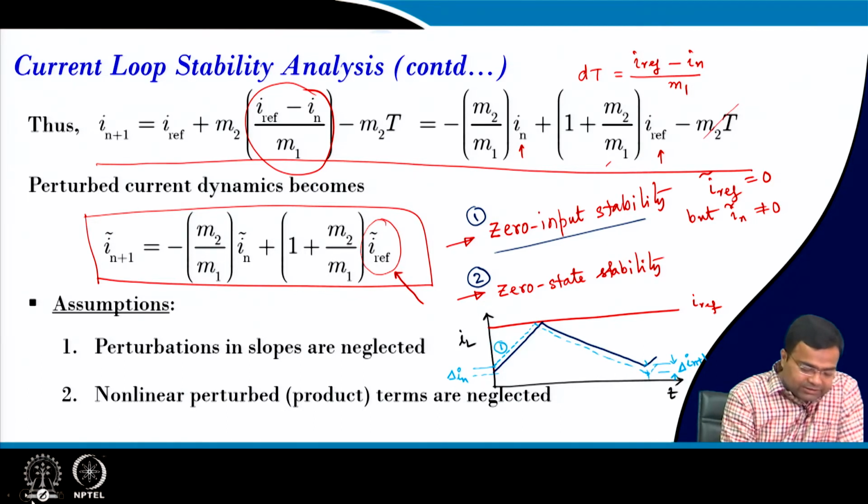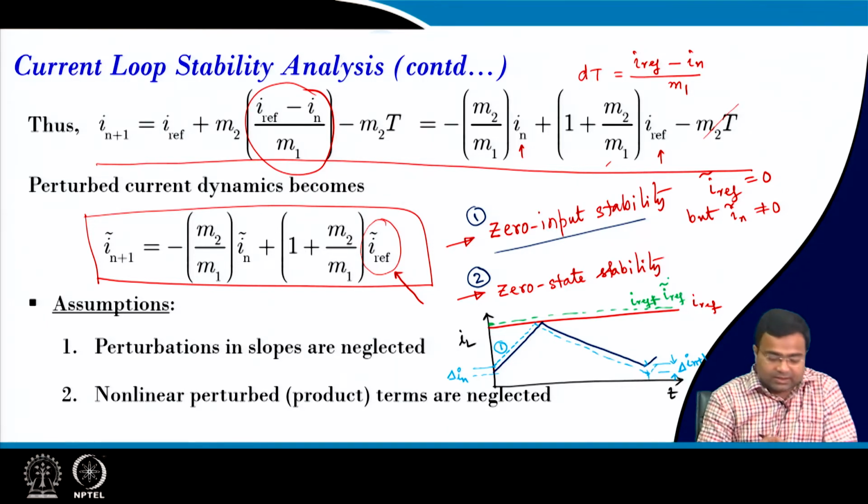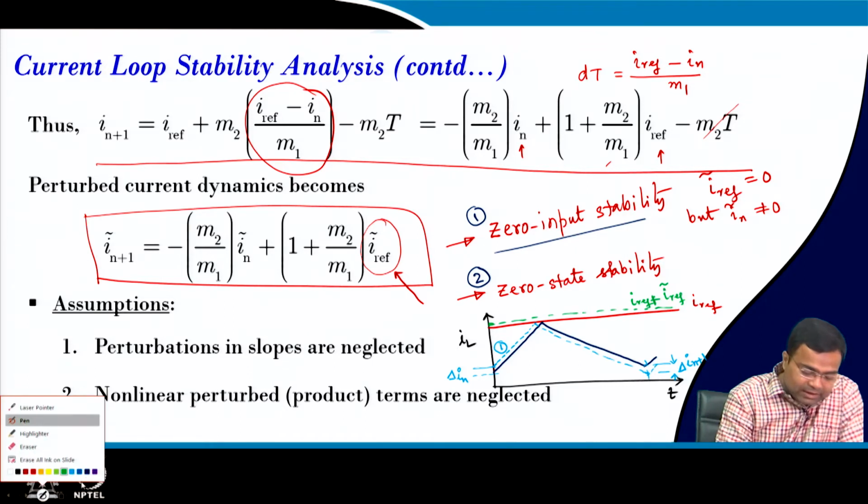If we consider the second condition, let us say the green line, here we are perturbing this I ref. So, this will be my nominal I ref plus some I ref perturbation. Then how does this trajectory look like?